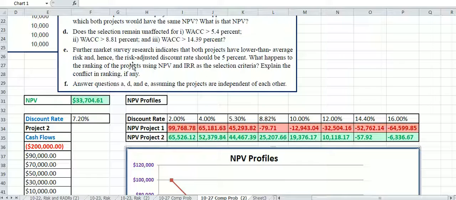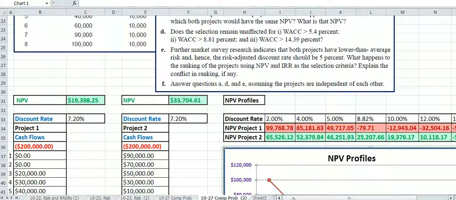Okay, so Part E, further market survey research indicates that both projects have a lower than average risk, hence the risk-adjusted discount rate would be 5%. So we can look at that right here if we want. And we can see now that project 1 is going to have a higher net present value at a discount rate of 5%, because obviously we're less than 5.4, so we can also put it in over here, 5 here, and 5 here.